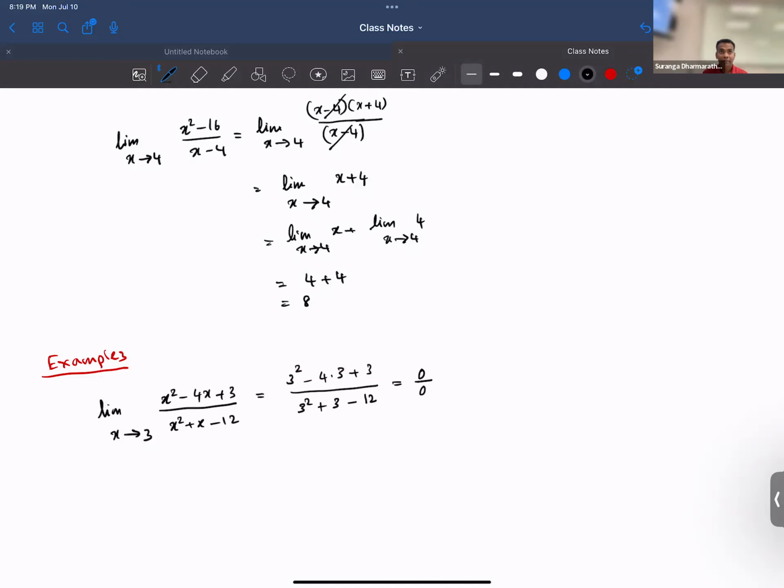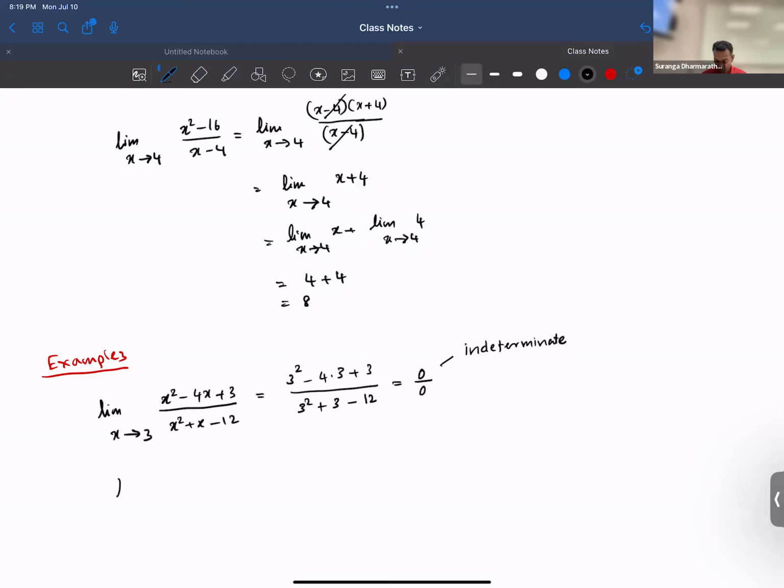Okay. So, indeterminate case. I misspelled it again. Indeterminate. Right? So what do we do? We try to algebraically simplify this.